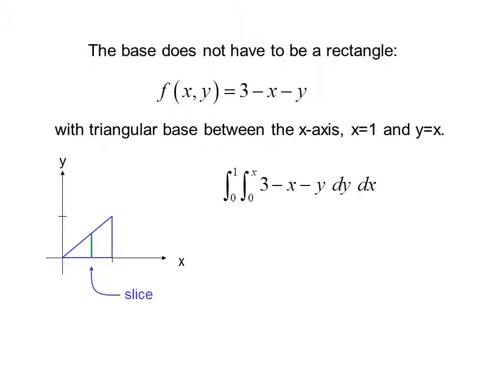and we get the integral from 0 to 1 of the integral from 0 to x, 3 - x - y dy dx.